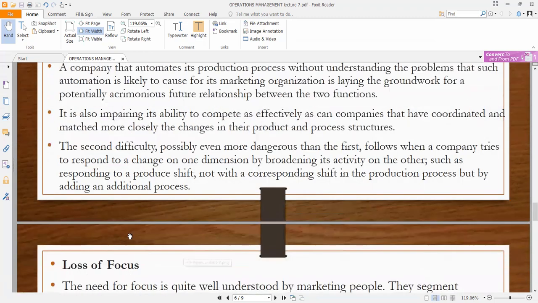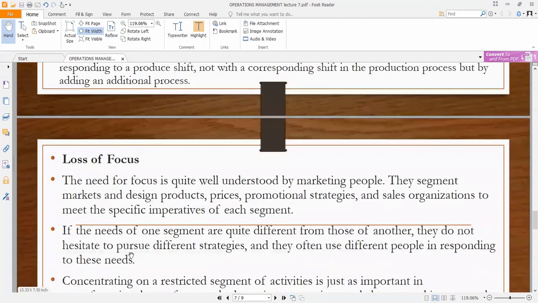The second one is the loss of focus. The need for focus is quite well understood by marketing people. They segment markets and design products, prices, promotional strategies, sales, and sales organization to meet the specific imperatives of each segment.